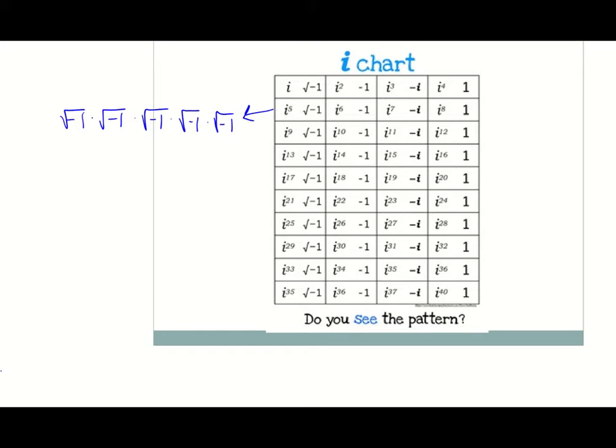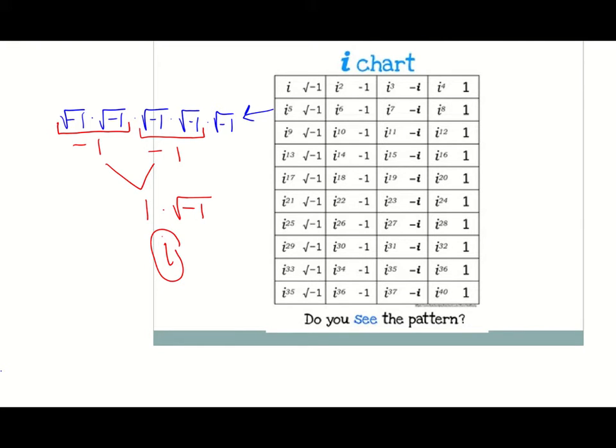So we can see that the square root of negative 1 times the square root of negative 1 is negative 1, times negative 1. So then we have 1 times the square root of negative 1, so it is just i.